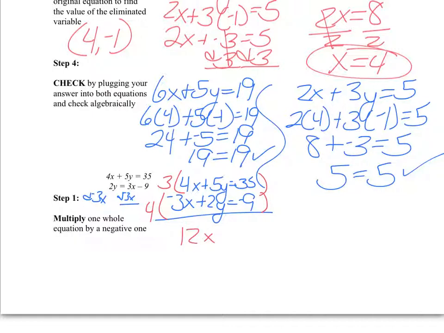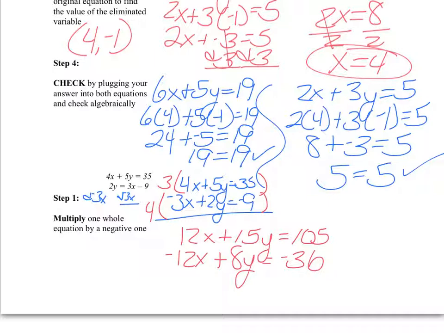So I end up with 12x plus 15y equaling 105. And I end up with negative 12x plus 8y equaling negative 36.